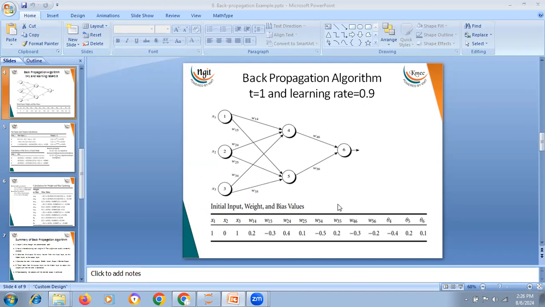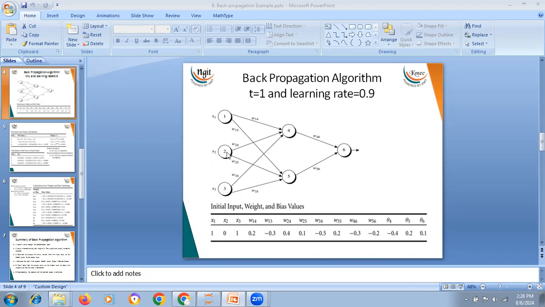Now, as you can see, this is an artificial neural network in which in the input layer we are having 3 neurons. Then in the next layer, which we call the hidden layer, there are 2 neurons. And the final layer is the output layer, which contains only 1 neuron. The weights connecting neuron 1 to neuron 4 are represented with the symbol W14.